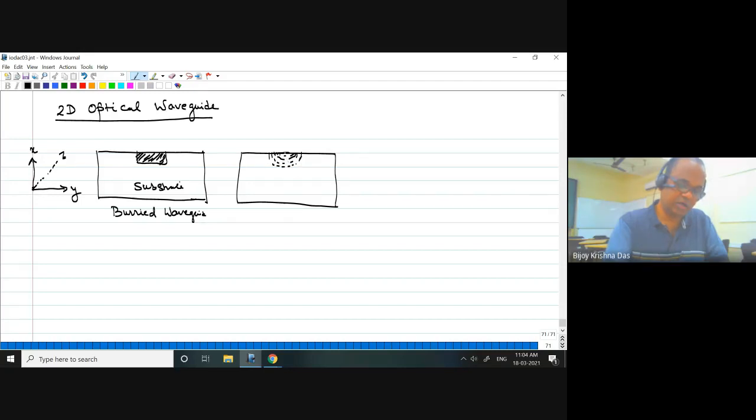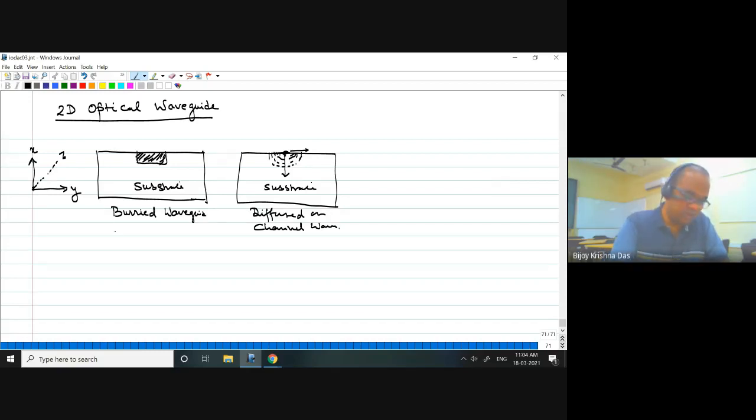At the surface it will be higher, and if you go along the y direction or along the x direction, the refractive index will be reducing, slowly reducing to the substrate refractive index. This type of waveguide is called a diffused, or again a channel, waveguide. Again the xy plane cross section is shown, and the waveguide is z propagating.